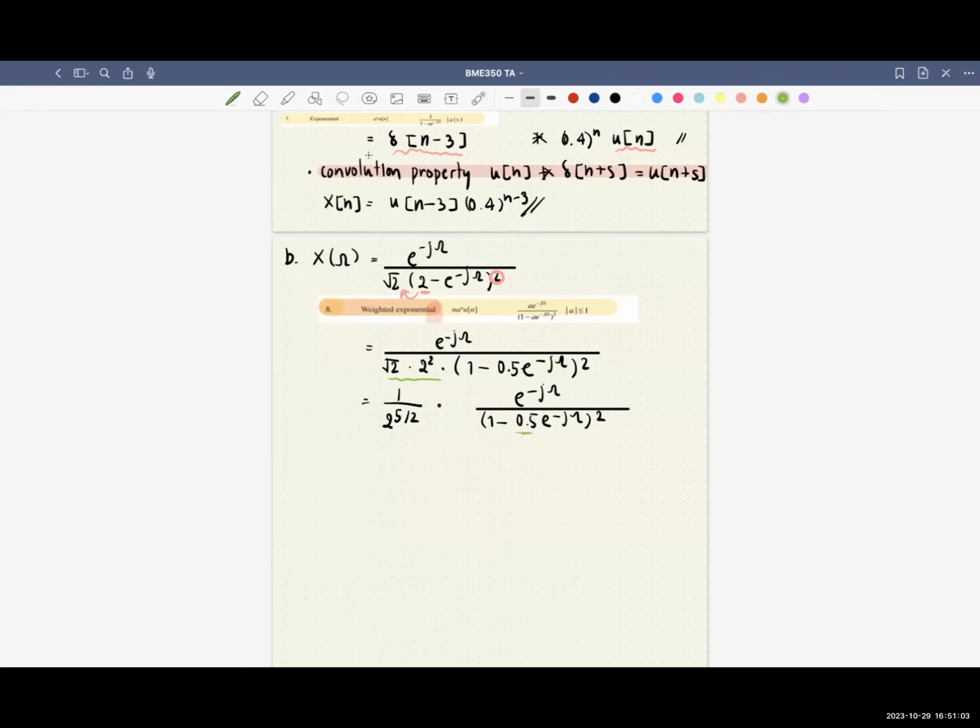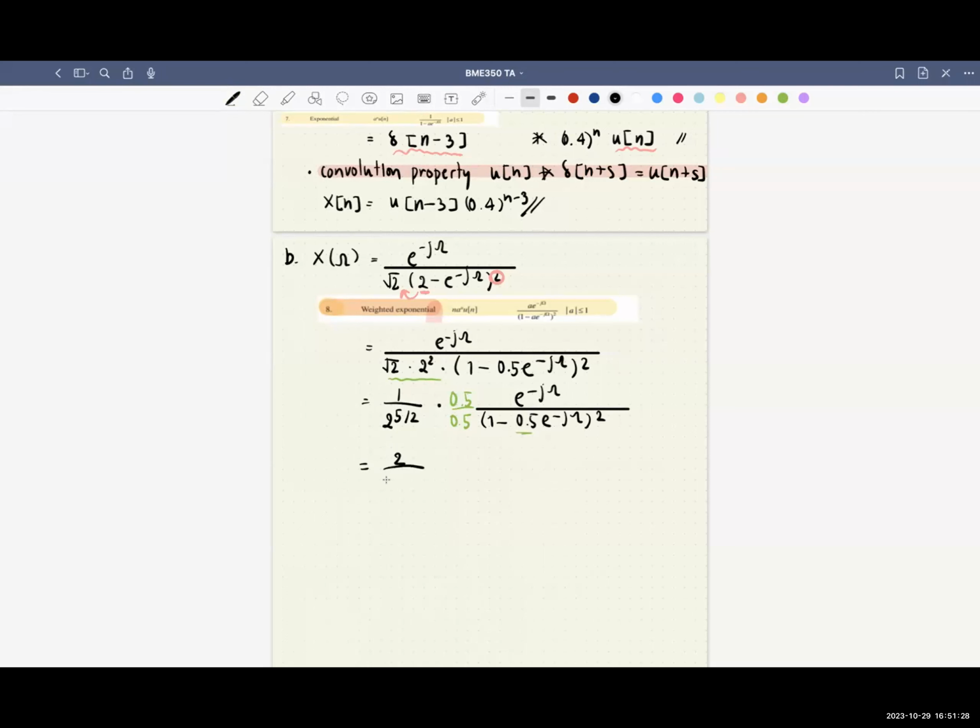So what I will do, I'll just multiply 0.5 on top and bottom, and let's simplify that further. We will get 1 over 0.5, which is just going to be 2, right?